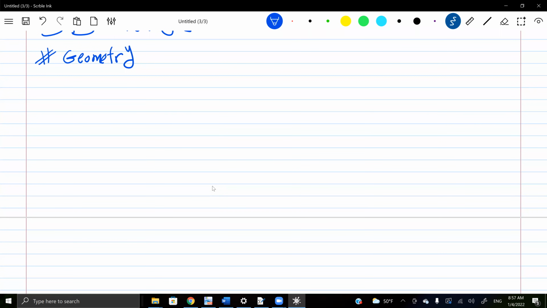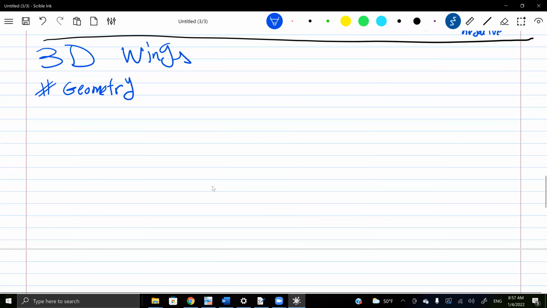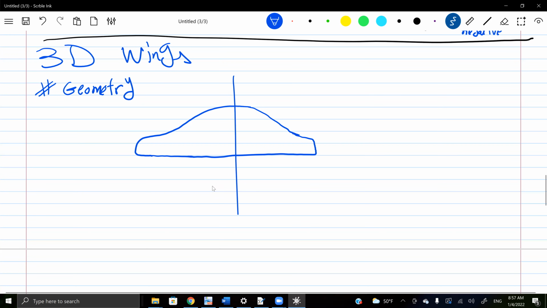The wing can take any shape. For example, assume that this is a wing.